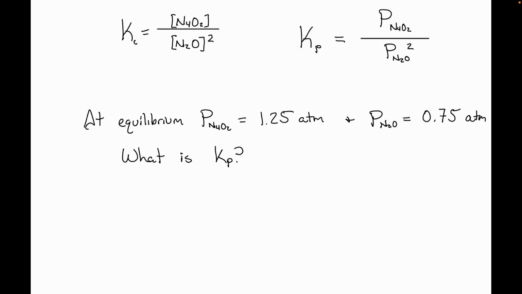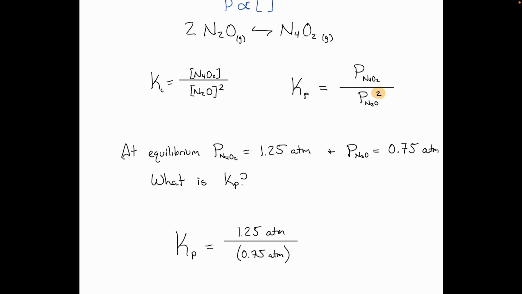All right, so all we need to do, as long as you got your equilibrium expression, it's very straightforward. You're just going to plug in the values that you got. 1.25 atm divided by my 0.75 atm. The biggest mistake that people make is they forget to include the exponents, right? We built that equilibrium expression from our balanced chemical equation.